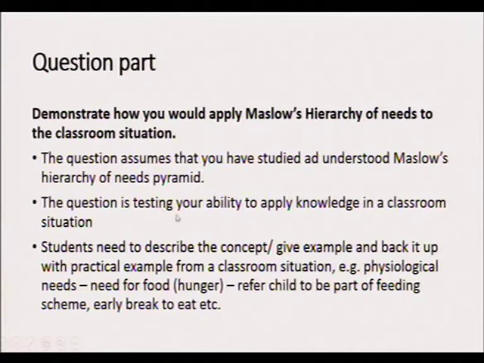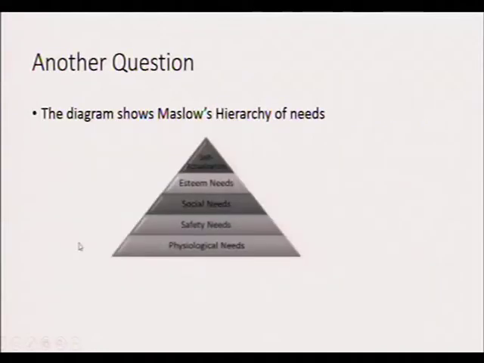So the question is testing your ability to apply knowledge in a classroom situation. Many students would describe the various needs, but then they do not go ahead in terms of application.